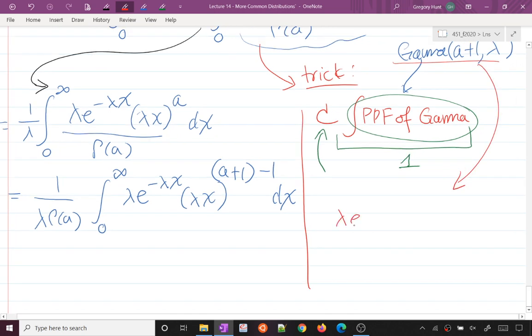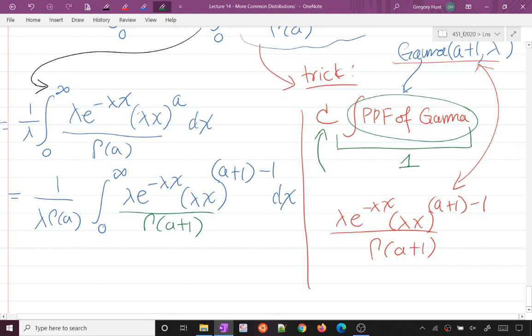That PDF should be lambda e to the negative lambda x times lambda x to the a plus 1 minus 1, over gamma of a plus 1. I almost have that here, but what I need in my denominator is gamma of a plus 1. So I can put that there, and then put another one on top, pulled out since it doesn't depend on x. That's allowable. Now I have exactly made my PDF.